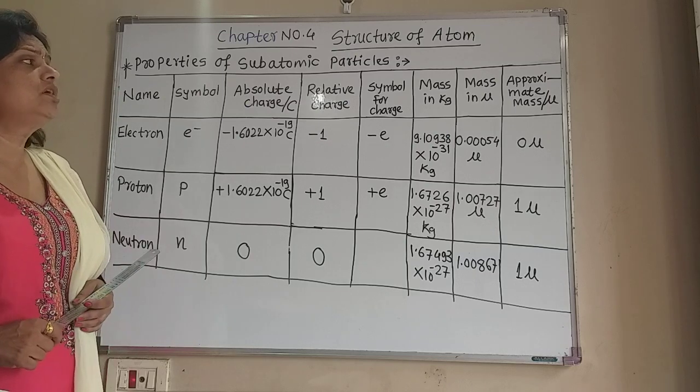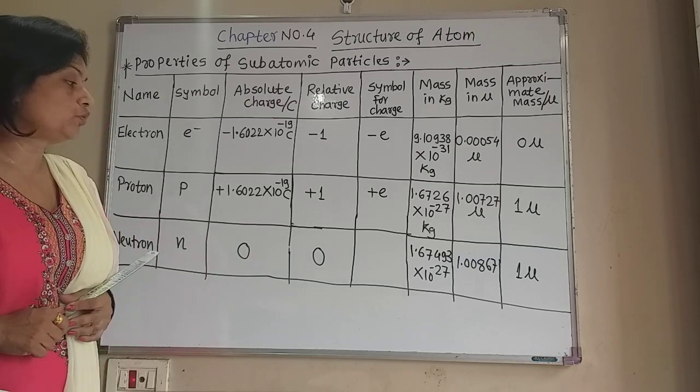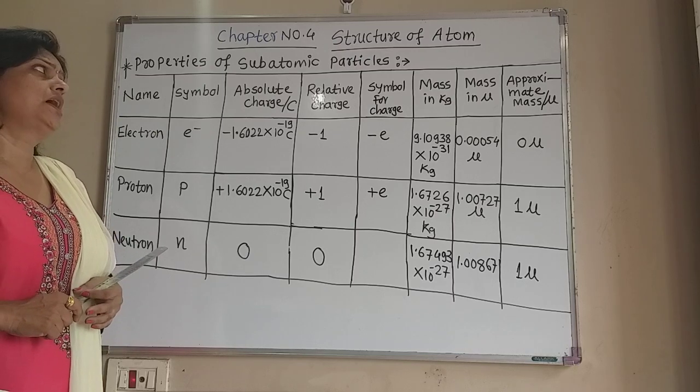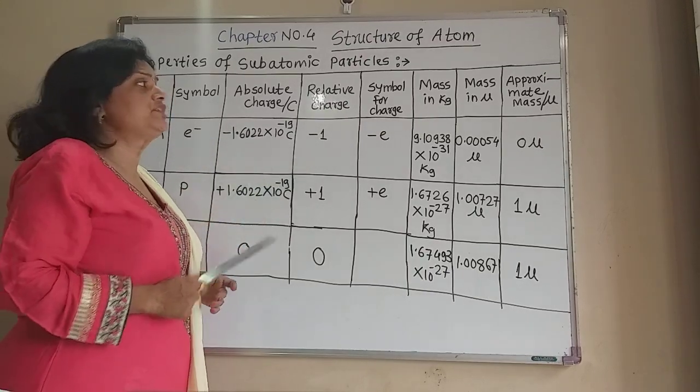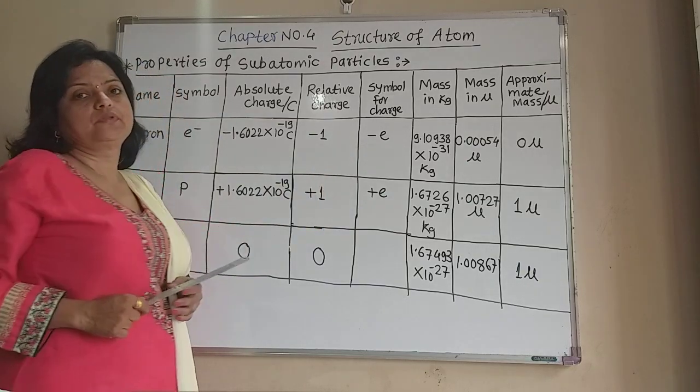Now, what is the symbol for the charge of the electron and proton? Though the relative charge on the electron is -1, the symbol for that charge is -e.